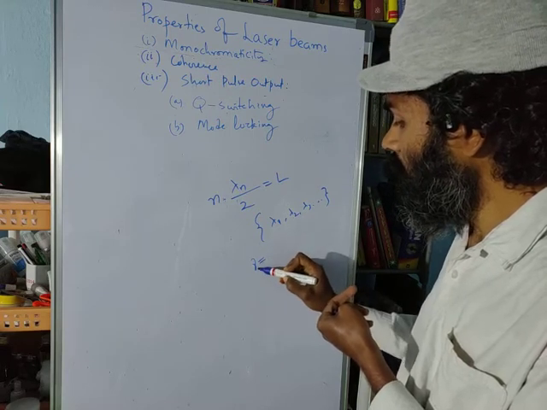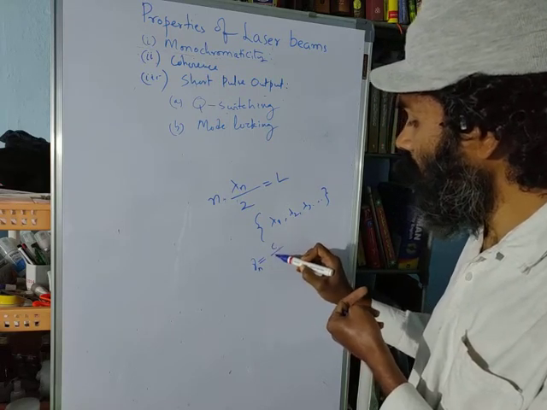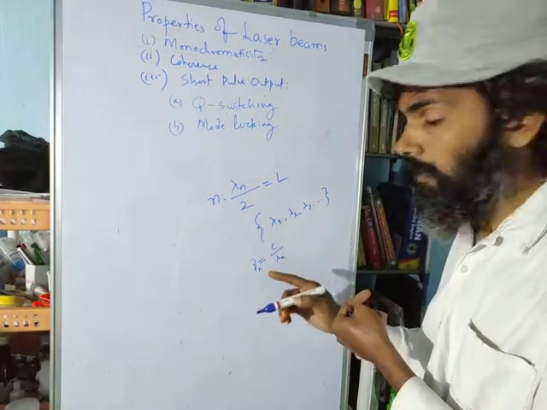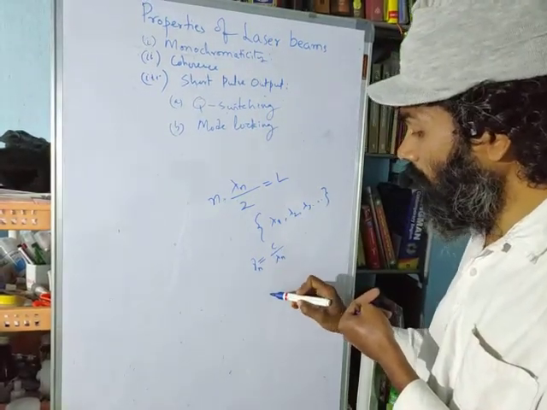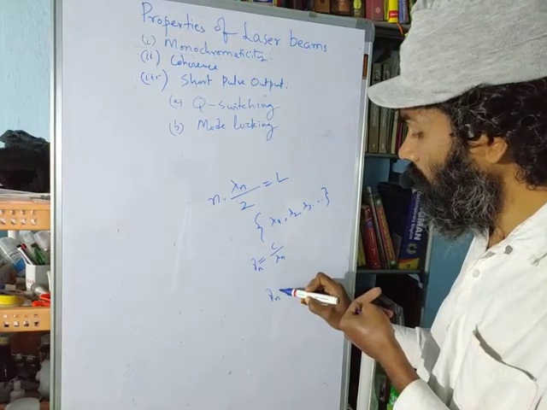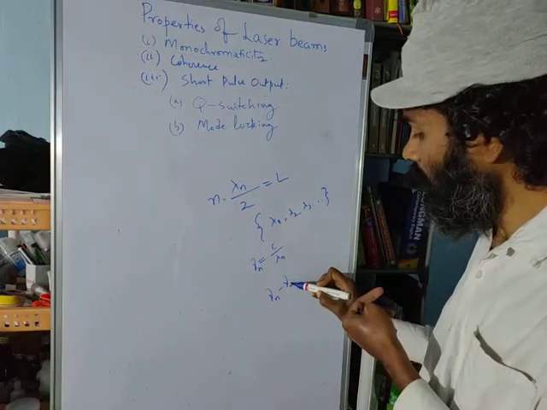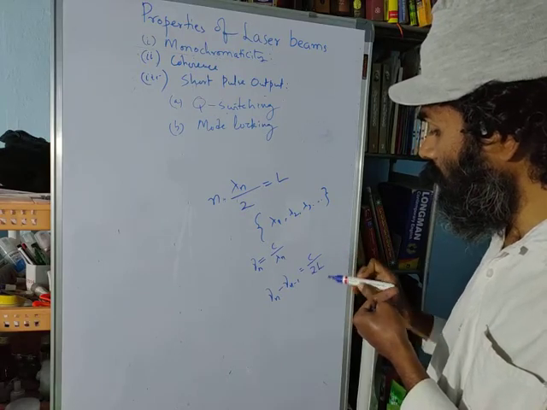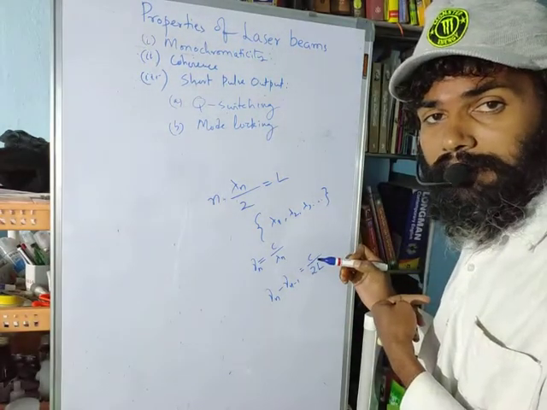Because nu sub n is equal to c by lambda sub n, so if we convert these lambdas into nus, and find the difference between nu sub n minus nu sub n minus 1, we get c by 2L as the value.